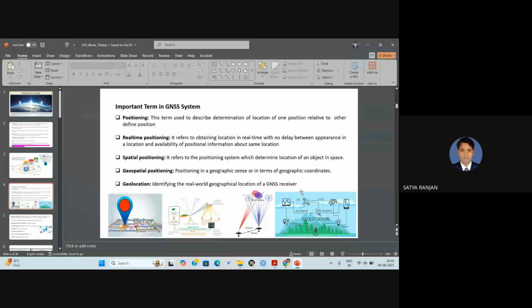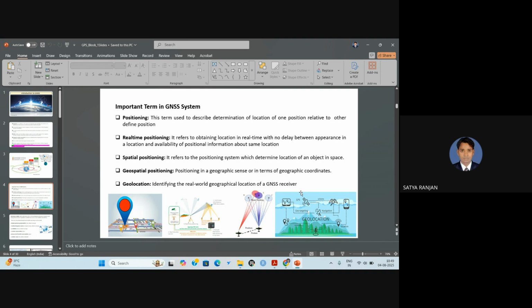So DGPS uses real-time positioning data, and defense purposes also use real-time positioning, and for aircraft flight movement, there is real-time positioning.